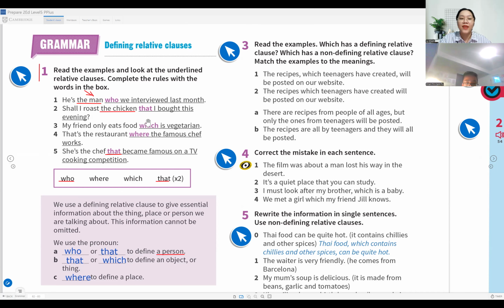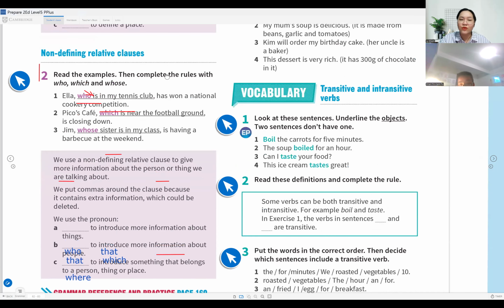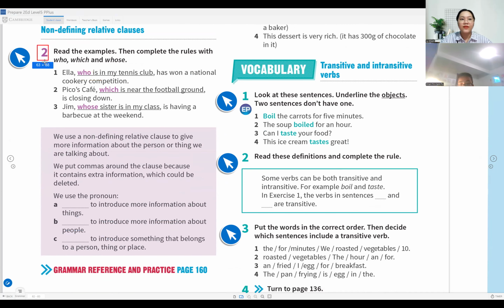Yep. And now let's move on to the second type of relative clauses, non-defining ones. So let's read exercise 2, please. Read the examples, then complete the rules with who, which, and whose.